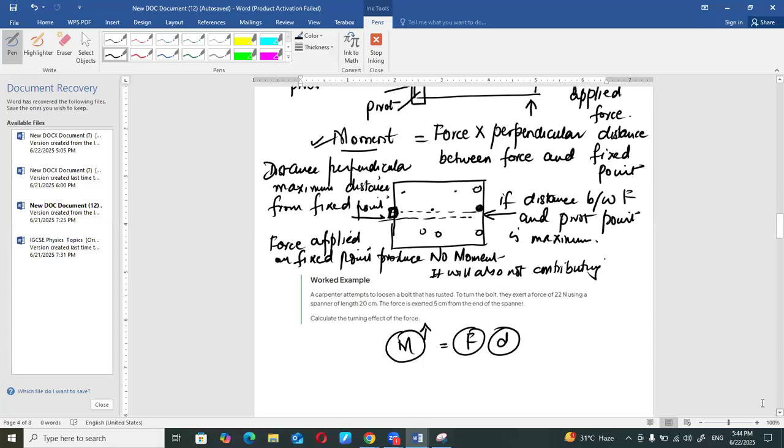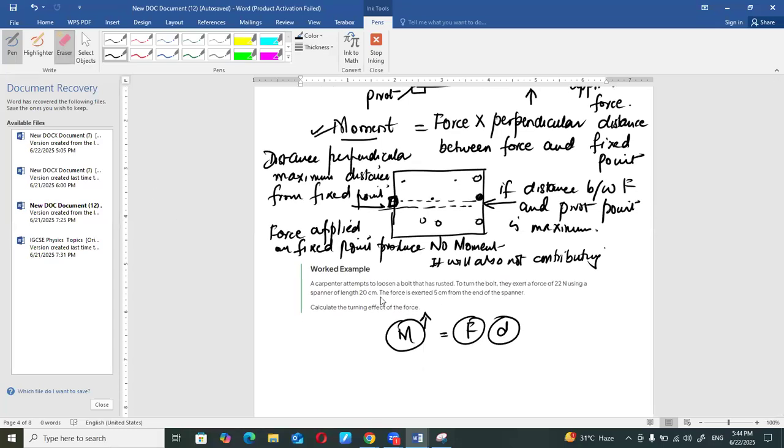Now let's come to the numerical, so that you will understand the concept behind the moment. A carpenter attempts to loosen a bolt that has rusted. To turn the bolt, they exert a force of 22 Newton, using a spanner of length 20 centimeter, which means 0.2 meters.